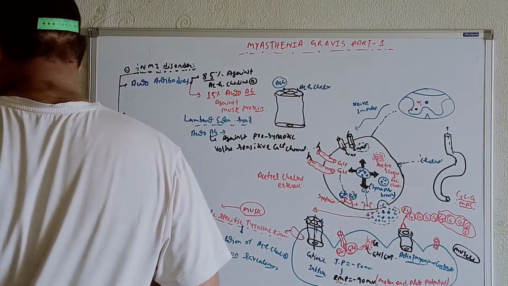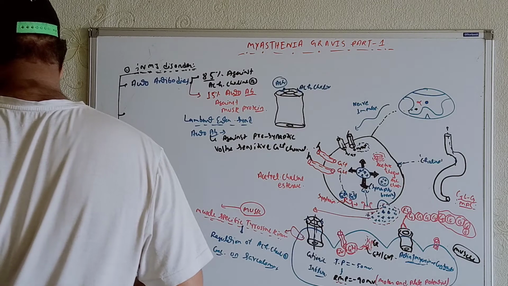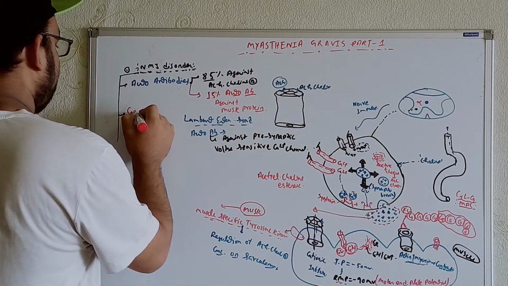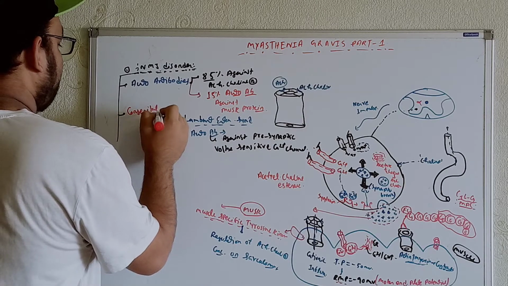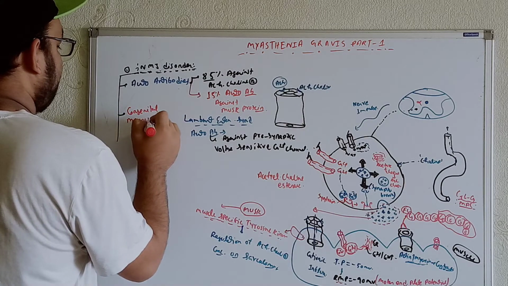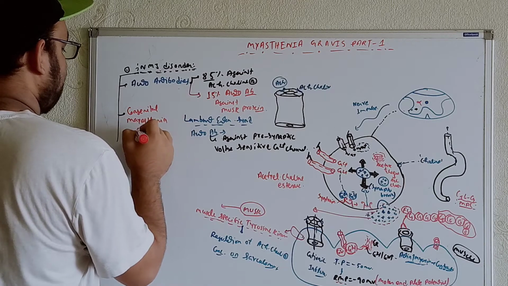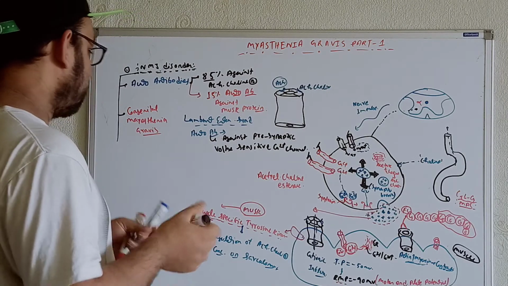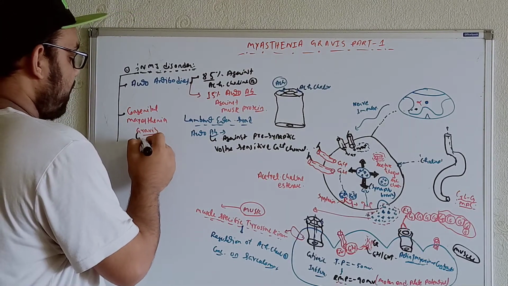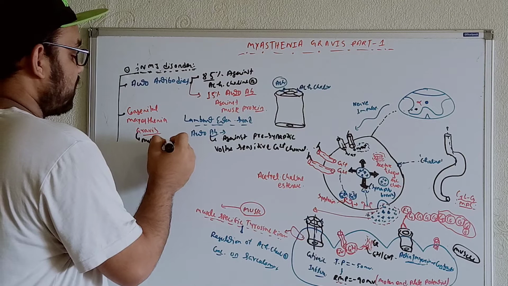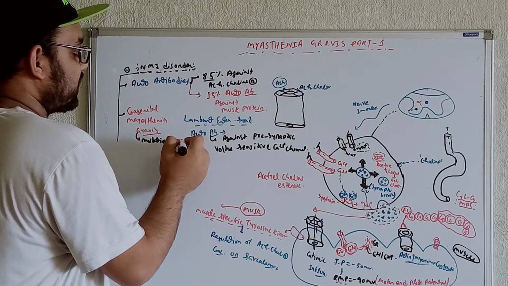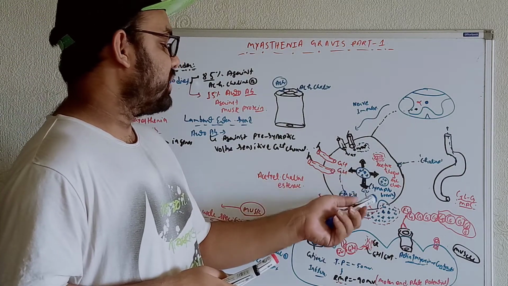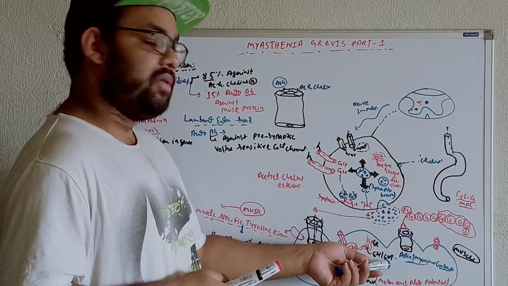Now, what are the other causes? Let's talk about those. Another thing we can get is congenital myasthenia gravis, where we get mutations in the genes responsible for producing different kinds of proteins of the presynaptic membrane, the synaptic proteins, and the postsynaptic proteins.